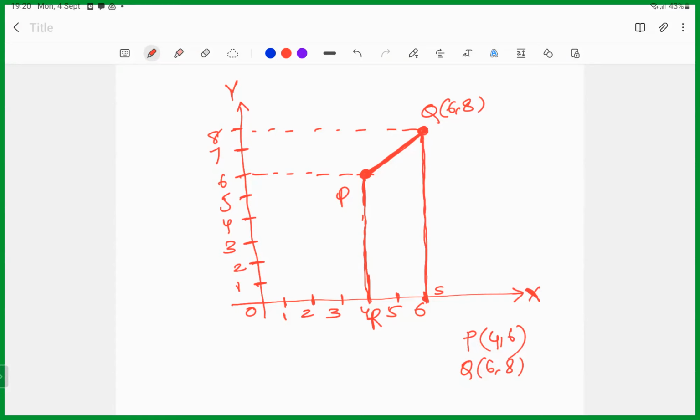These are perpendicular to the x-axis, right? Both PR and QS are perpendicular to the x-axis. We just drop the perpendiculars. Also draw a perpendicular from P on QS. So this is at T. So now PT is perpendicular to QS.